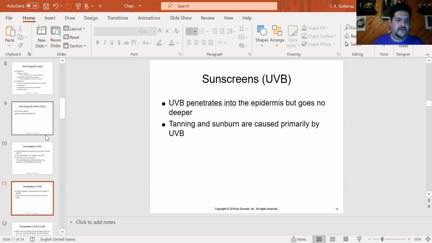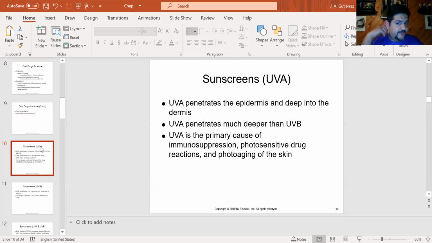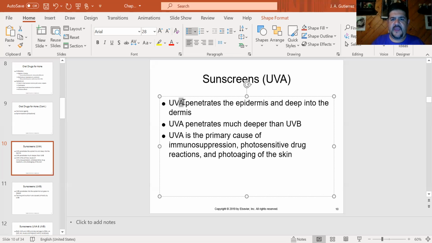Okay, another type of drugs that we have are sunscreens. There are two types of UV radiation, A and B. Ultraviolet radiation type A penetrates the epidermis and dermis.